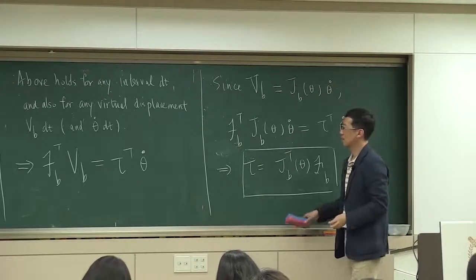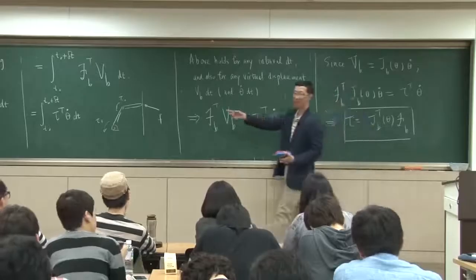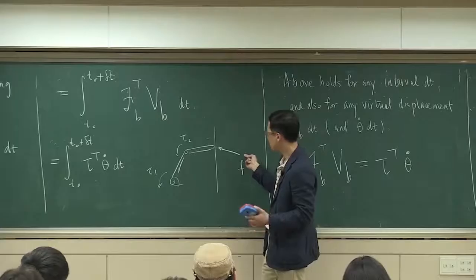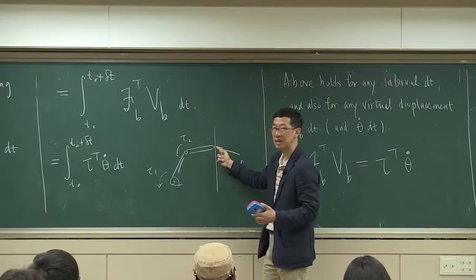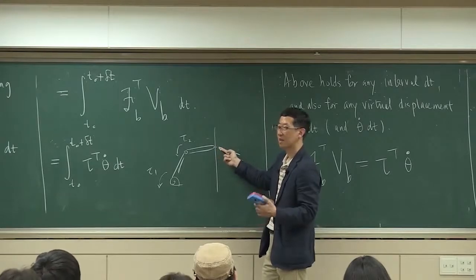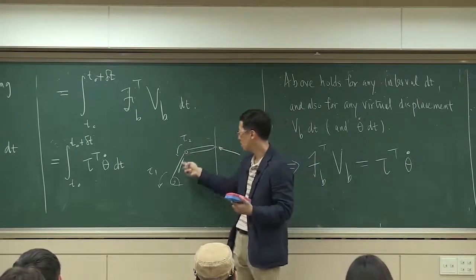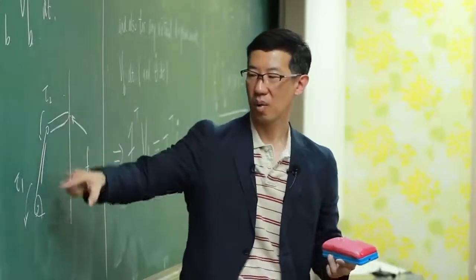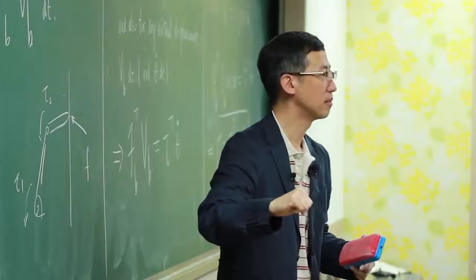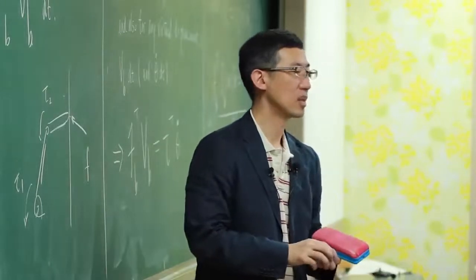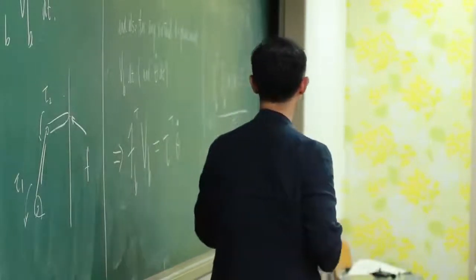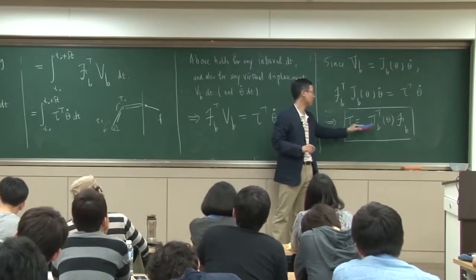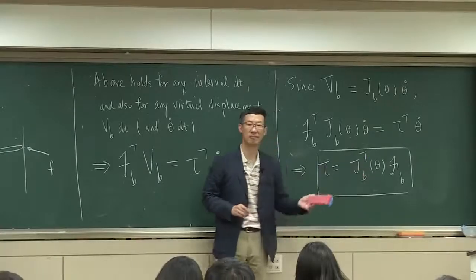Given this situation, we have some force applied at the tip. What are the input torques necessary for the robot to be in static equilibrium? There it is. We see it's the Jacobian, more specifically, the Jacobian transpose.